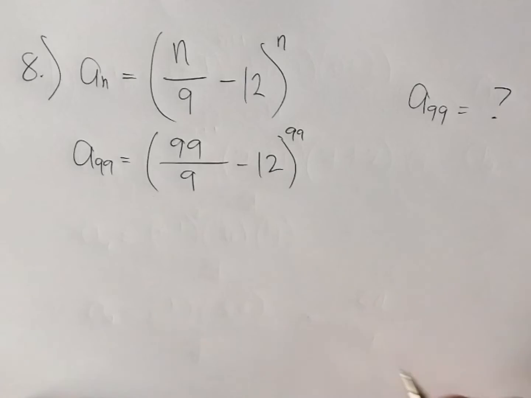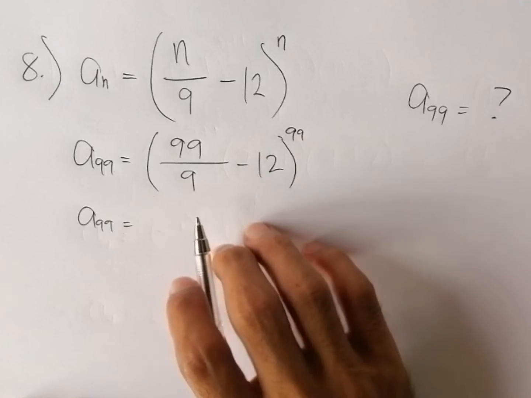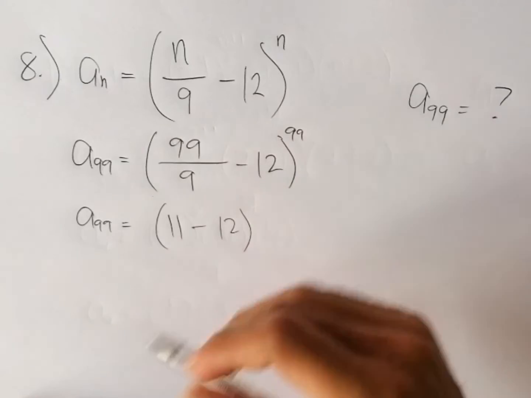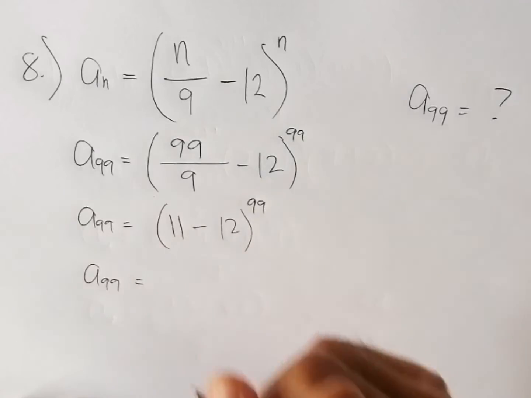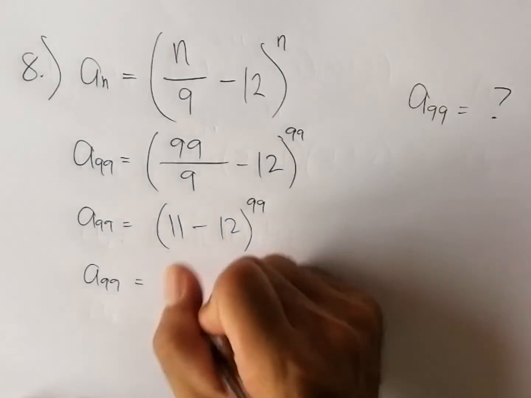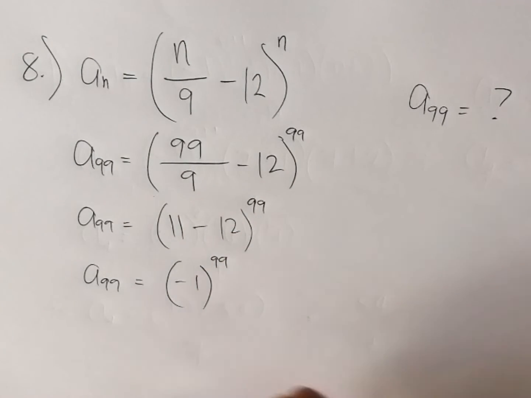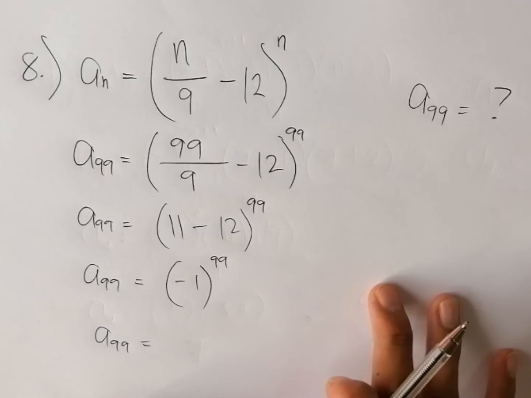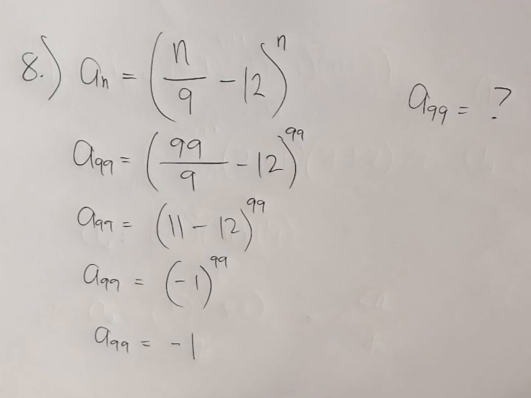So 99 divided by 9 is equal to 11, minus 12 raised to the power of 99. And a sub 99 is equal to 11 minus 12, that is negative 1 raised to the power of 99, which is equal to negative 1, because the exponent is an odd number.